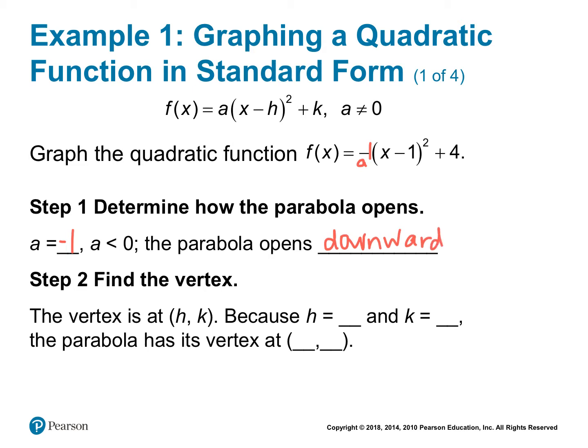Step 2 is to find the vertex. So the vertex is where the h and the k are located. So if you look here, the h is going to be this 1 here. So we already had a subtraction. So that means that this is just a positive 1. And then the k is the number at the end, and it's positive 4. So the parabola has its vertex at 1, 4.